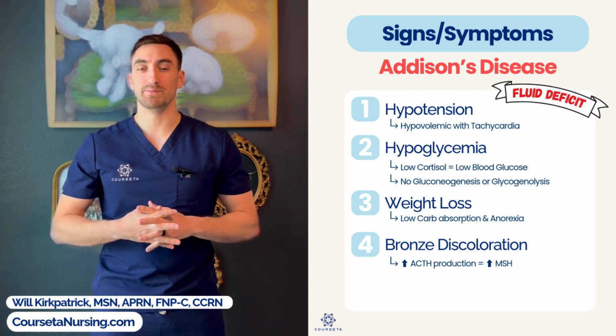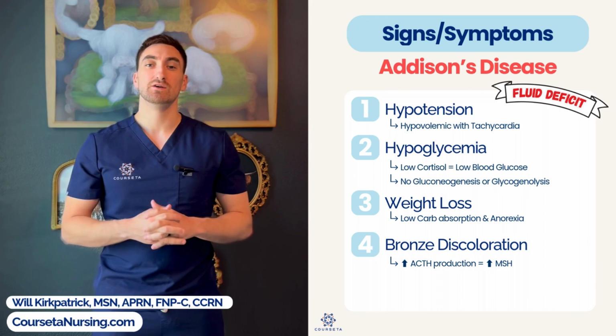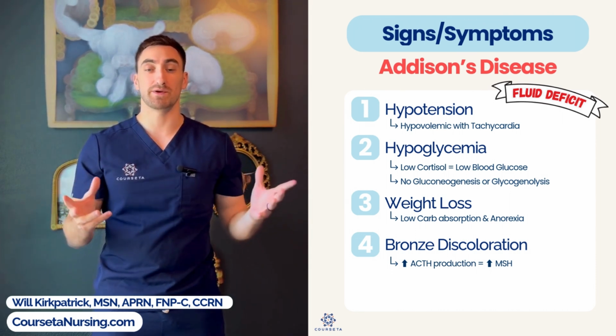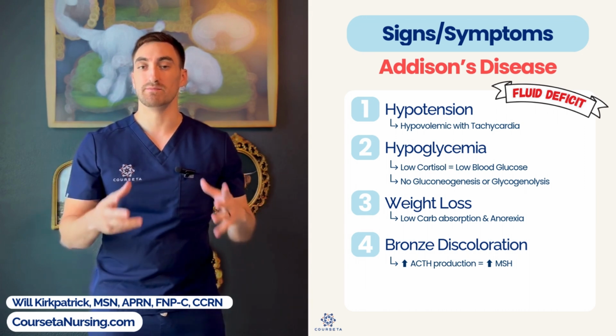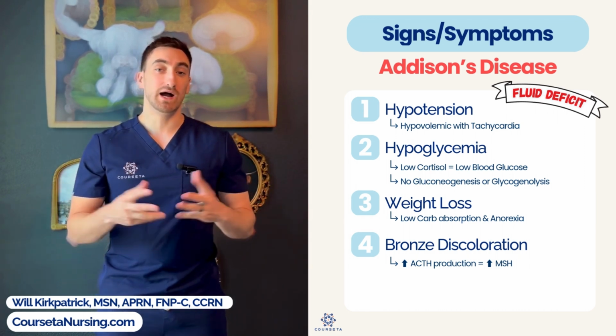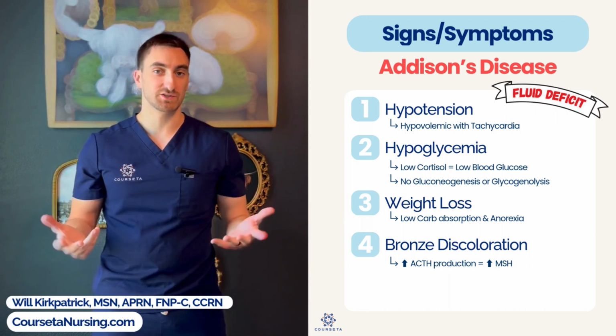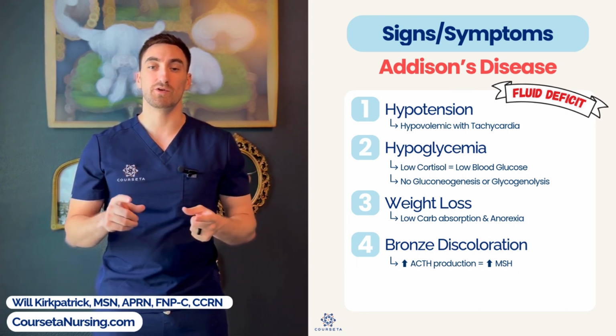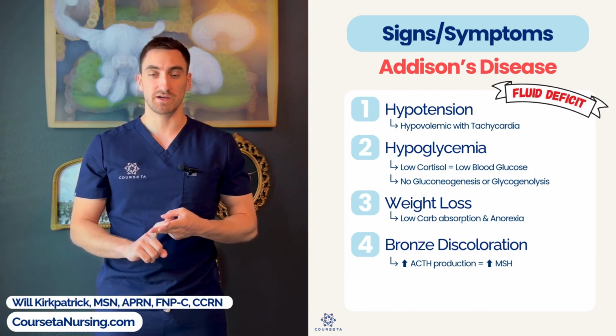First, talking about hypotension. Why hypotension? Well, we have to think that the big highlight of this entire condition and the big complication is fluid deficit. Make sure you guys write that down. Why? Well, if we remember what aldosterone does, aldosterone stimulates our kidneys to hold on to water and sodium.